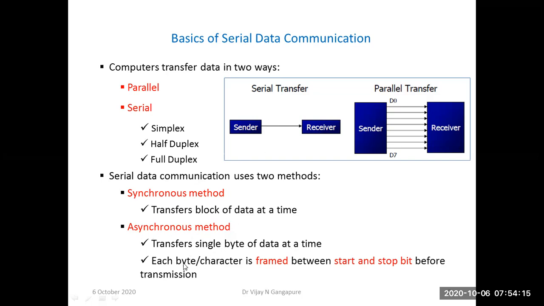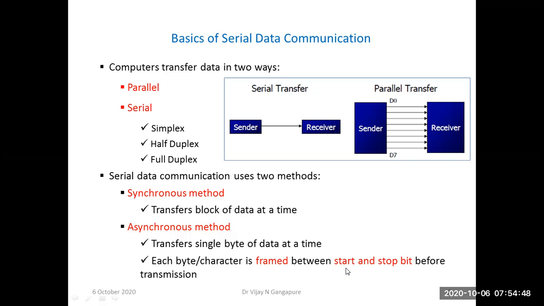The byte that the sender is transmitting to the receiver is normally framed between a start and stop bit before transmission. Suppose a single byte means 8 bits. These 8 bits are framed between start and stop bits. For example, if we assume one start bit and one stop bit, the total number of bits transmitted at a time will be 8 plus 2, that is 10 bits.